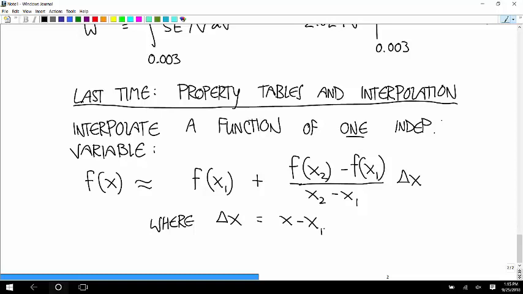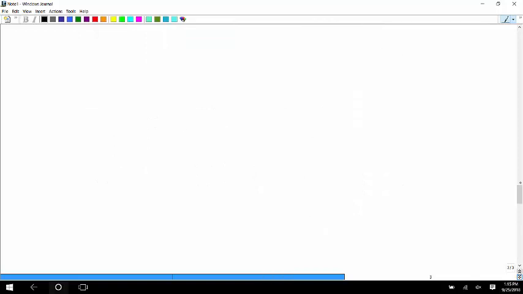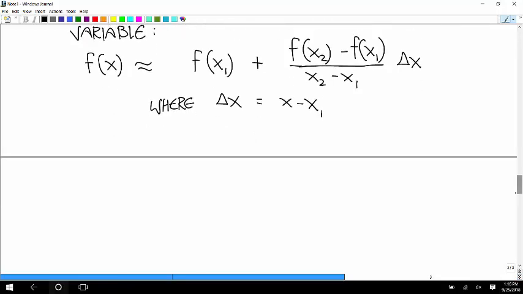I think we did one example for that. So let's do an example where we use the property tables.